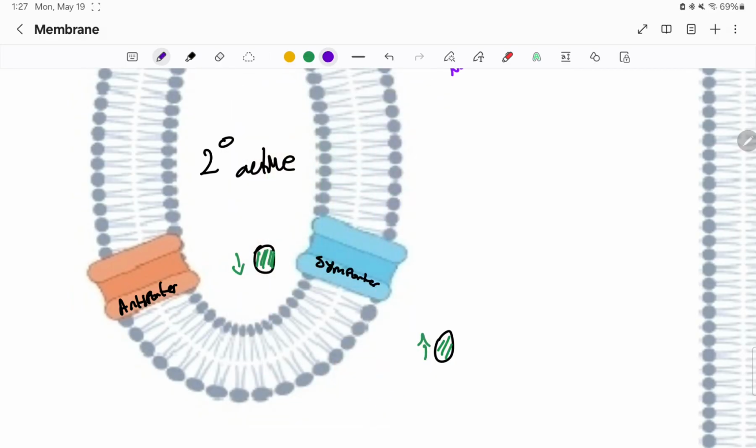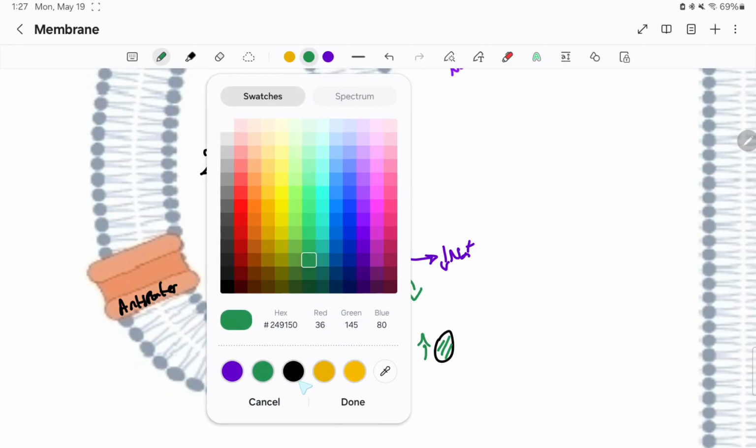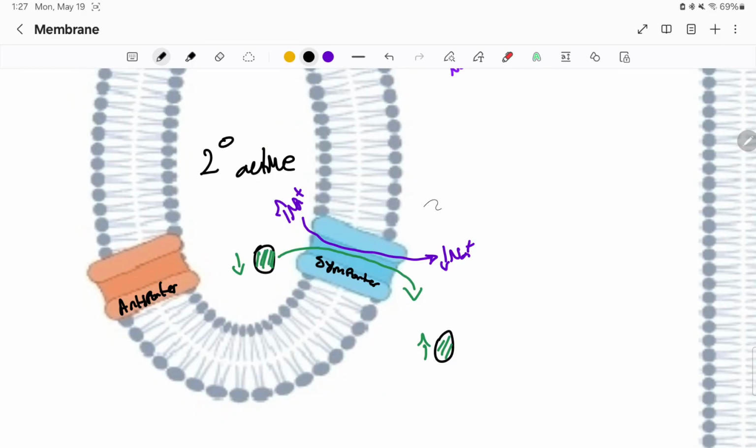Sodium is usually in high concentration outside of the cell, and it'll be super kind and go down through this channel into the cell, down its concentration gradient. Then glucose will see this and say, hey buddy, you just moved down your concentration gradient, can I just hop off the back of you and come with you? And he will do exactly that. That's how we move glucose in the GI tract, and even in the kidneys when we want to reabsorb glucose, okay?